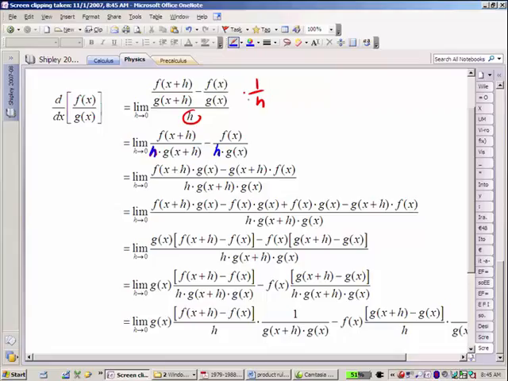Okay, it's multiplying by 1 over h, so we have h in each of the denominators. Instead of dividing the whole thing, it's like simplifying a complex fraction. So far, so good? All right, so next question is, what did we do to go from here to here?